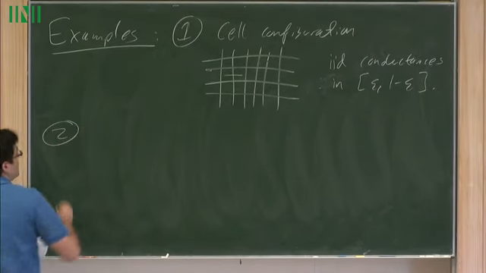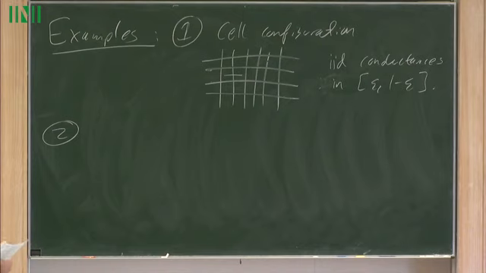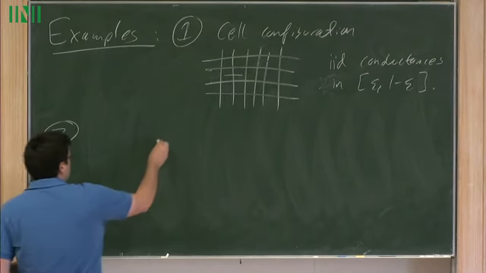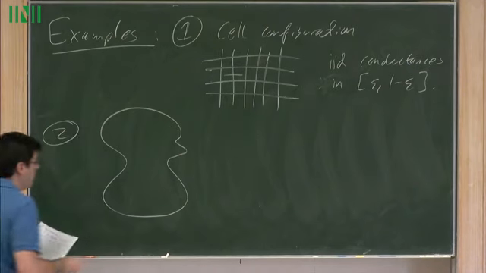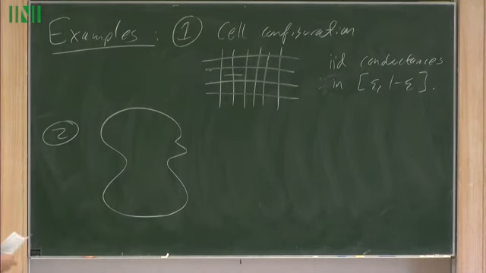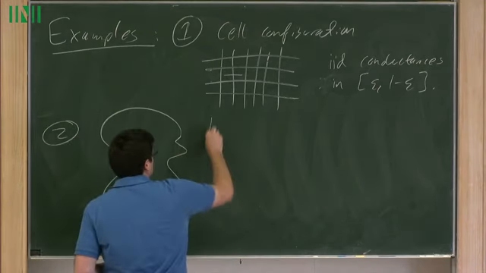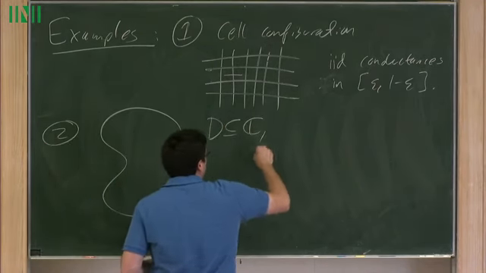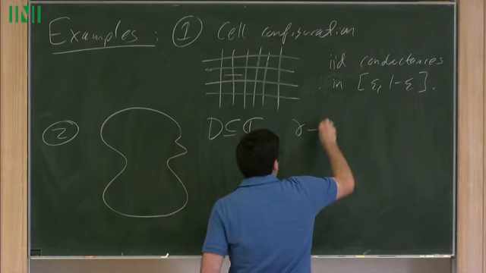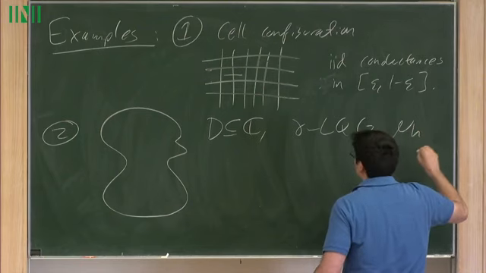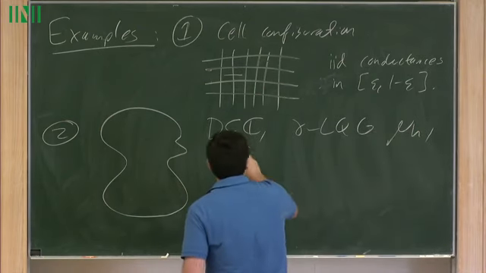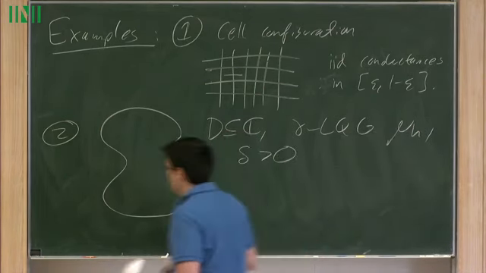A more interesting example, perhaps, is what you get when you start to put Liouville quantum gravity into the picture. For example, you could imagine that you have a domain D in the complex plane, and you have your gamma Liouville quantum gravity measure mu h and a parameter delta which is positive.